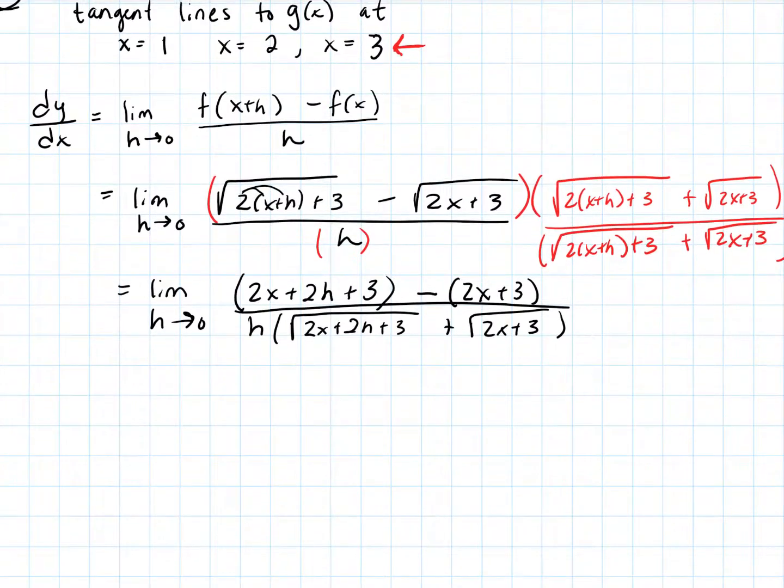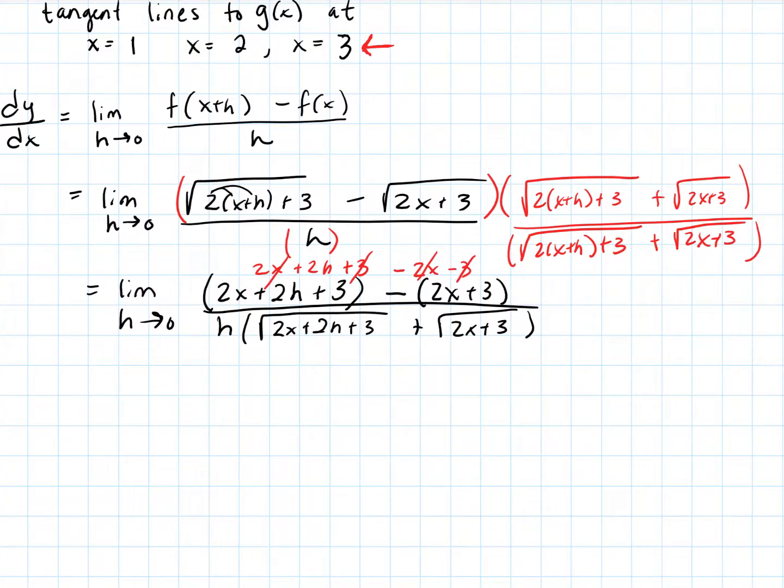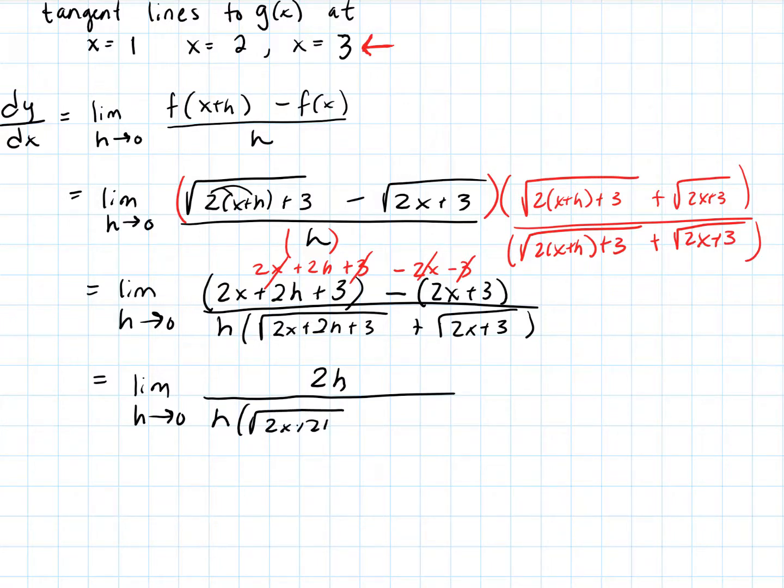Okay, continuing down in my work here, in the top this becomes minus 2x minus 3, so I have 2x plus 2h plus 3 minus 2x minus 3, so all that's left in the top there is 2h, divided by h times the square root of 2x plus 2h plus 3 plus the square root of 2x plus 3.